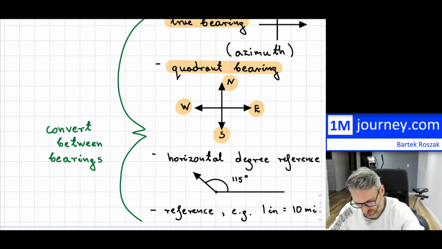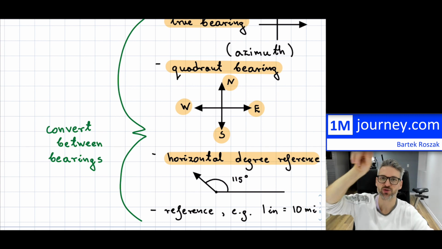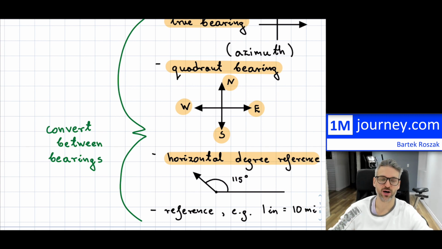And then there's just the regular horizontal degree reference, which is something that you're very used to, especially if you've done mathematics. And obviously if you're talking about vectors, you have done quite a bit of math. So that degree reference is with respect to the basic horizontal of the Cartesian plane, and then it just swings around counterclockwise.